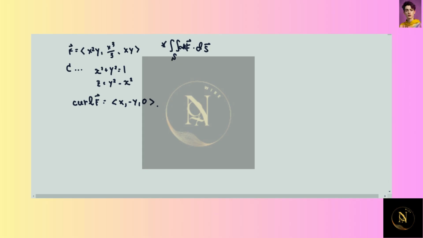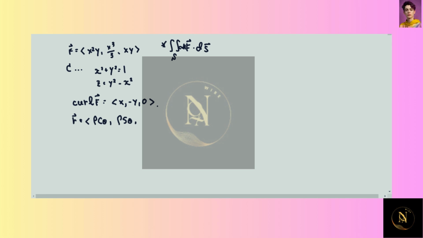Okay, now let's parameterize the surface S. I choose to use a polar coordinate system. So let's say that x is rho cosine theta. I use rho instead of r because we're using r here already, and I don't want to confuse anyone. The y is going to be rho sine theta.